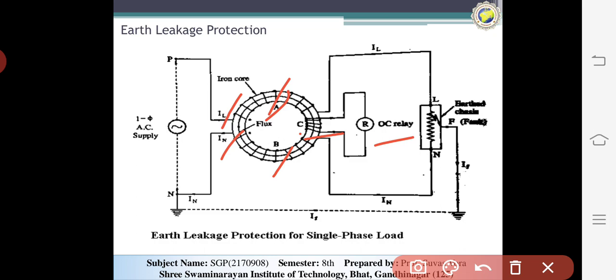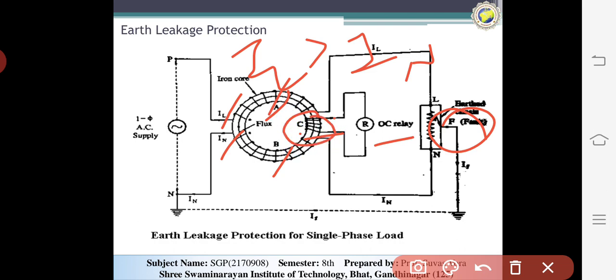Now if a fault current passes through the circuit, IL is more than the neutral current, so coil C operates and gives a signal to the circuit breaker, and the circuit breaker opens our system.